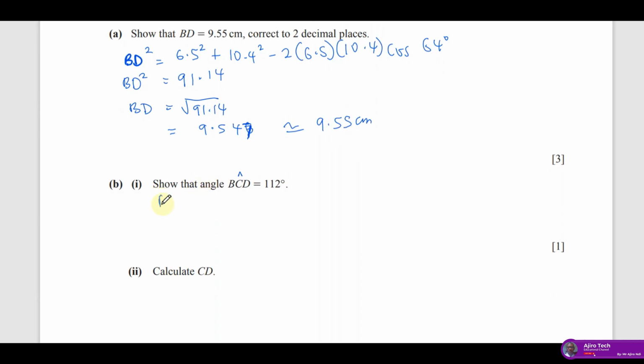So BCD plus 26 degrees plus 42 degrees should be 180, angles in a triangle. BCD plus, add this up, 68 degrees is 180 degrees. So BCD should be 180 degrees minus 68 degrees, which is 112 degrees.